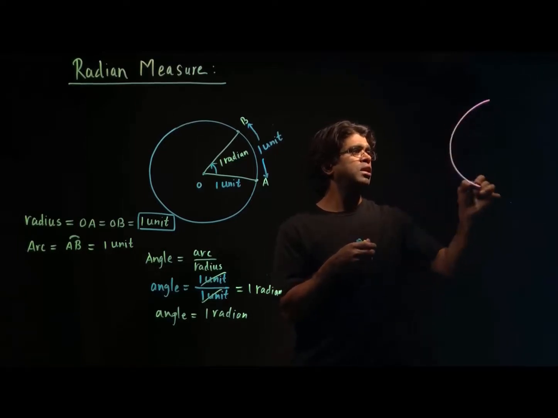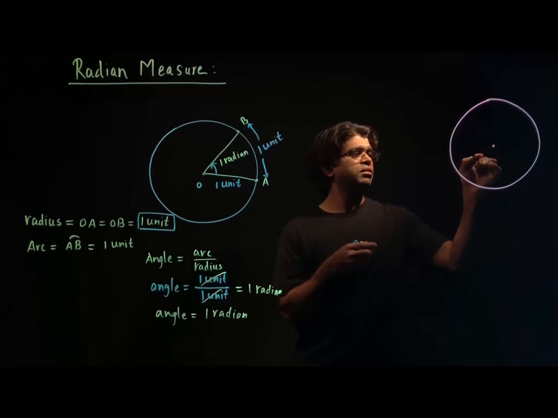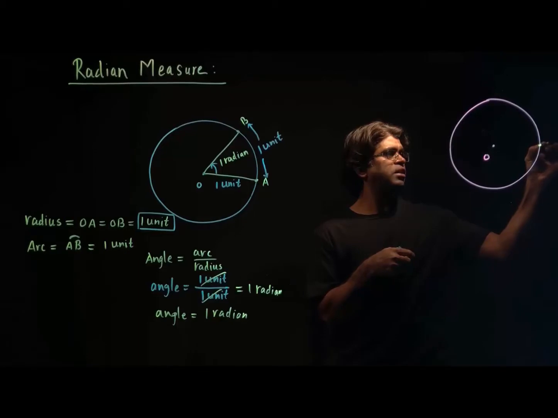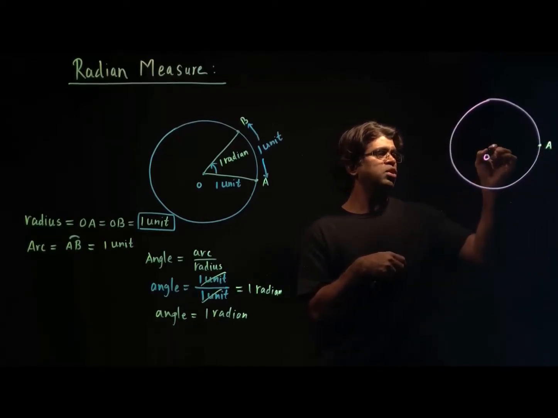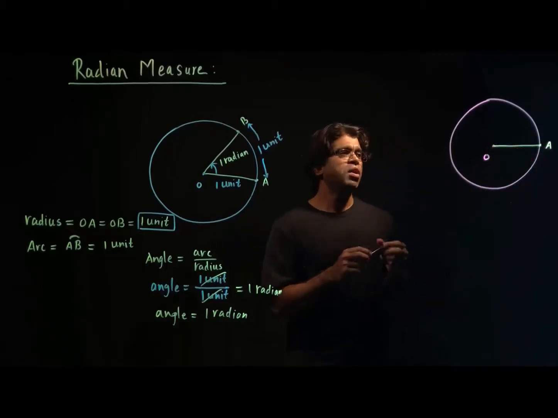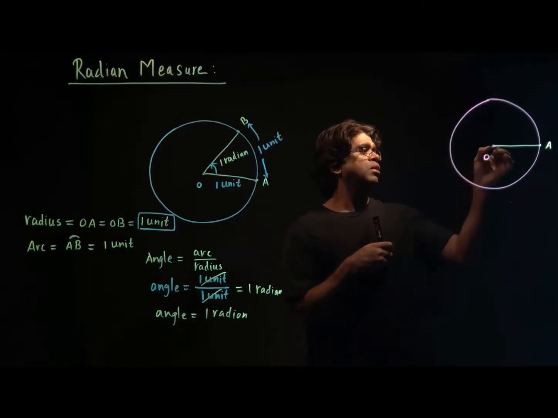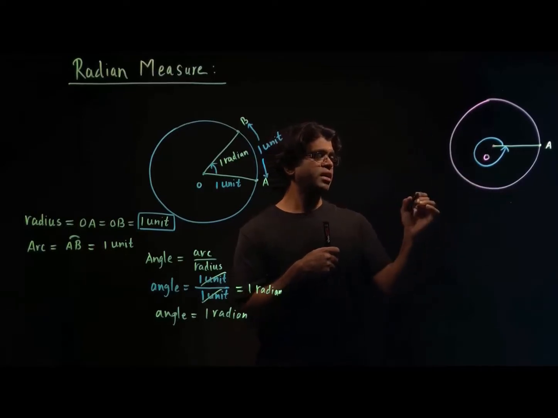Now, let's consider another circle. This is my circle with center O. I'm going to consider a point on the circumference of the circle. Let that point be A. I'm going to connect point O with point A. Now, if I go around the circle, then this is the angle that I will cover. How much is that angle?